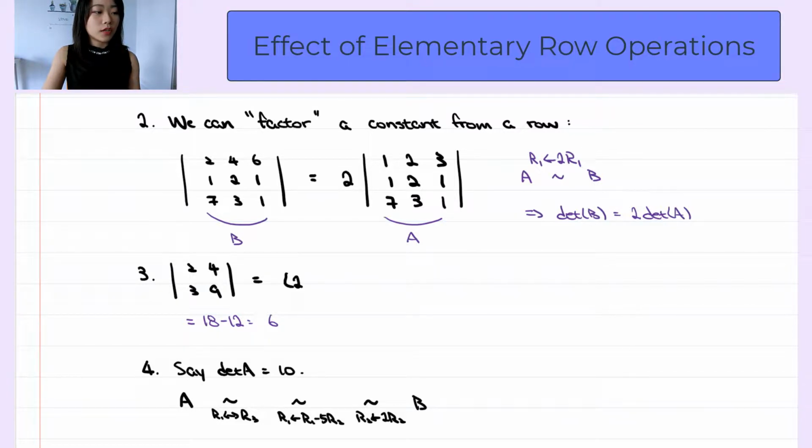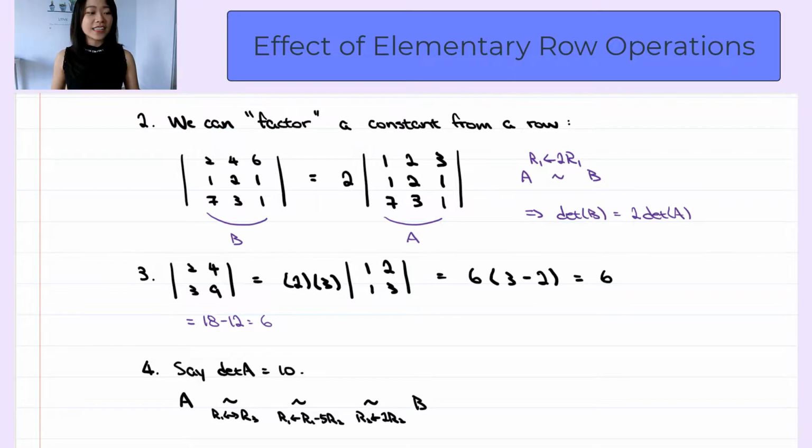So, the 2 from row 1 and the 3 from row 2, then times the determinant 1, 2, 1, and 3, which equals 2 times 3 is 6, then times the determinant of the 2 by 2 matrix, 1 times 3 minus 2 times 1. And we get the same result. The determinant is 6.